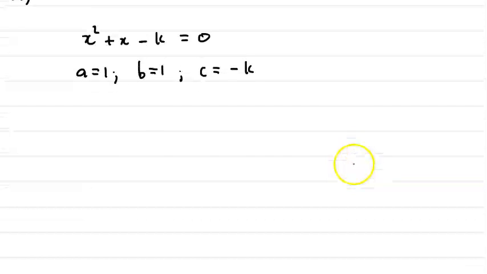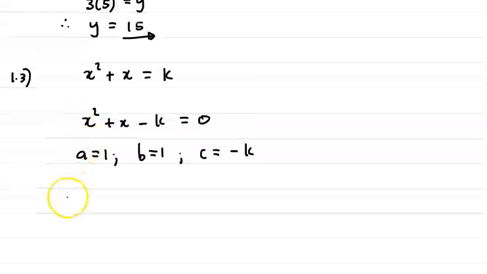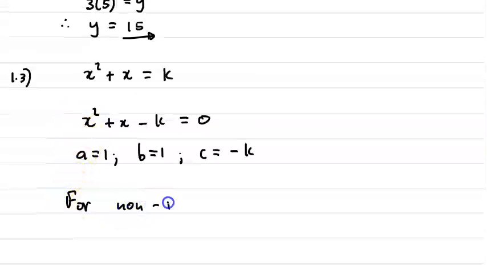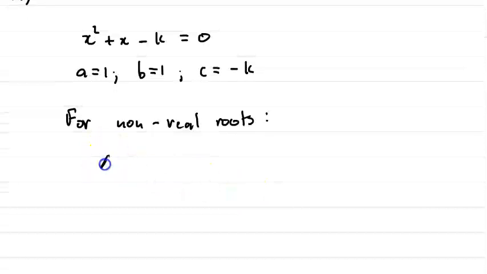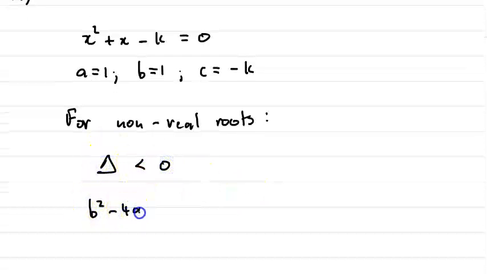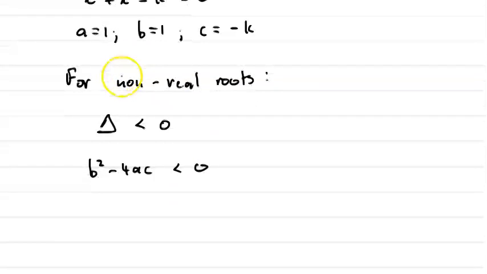For no real roots, so we'll write down non-real roots or no real roots, delta, which is a discriminant, must be less than 0. Therefore, b² − 4ac must be less than 0. And what is b?